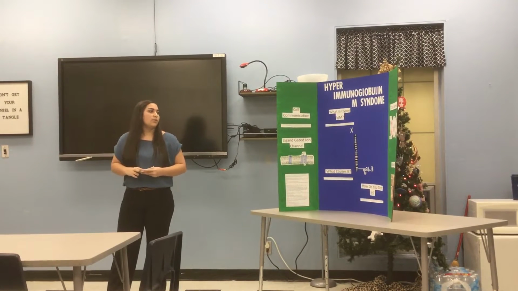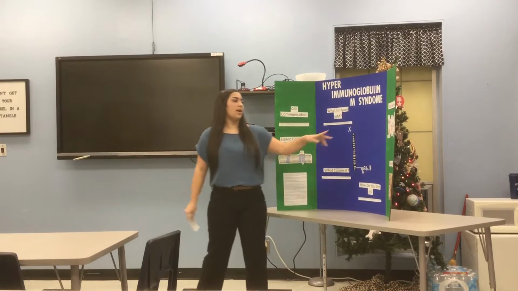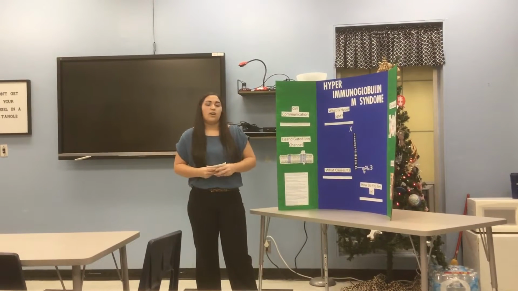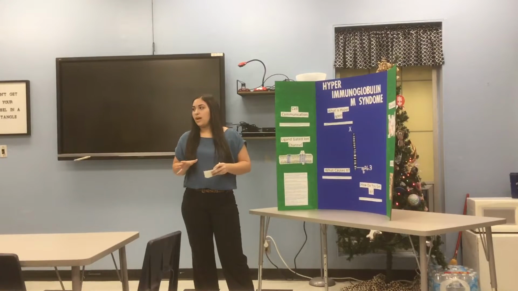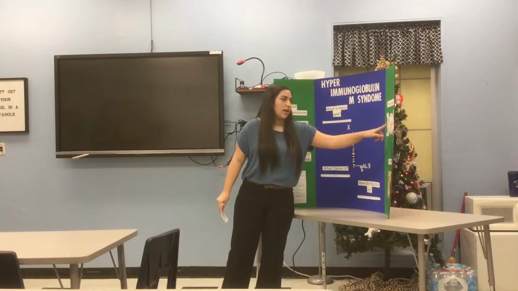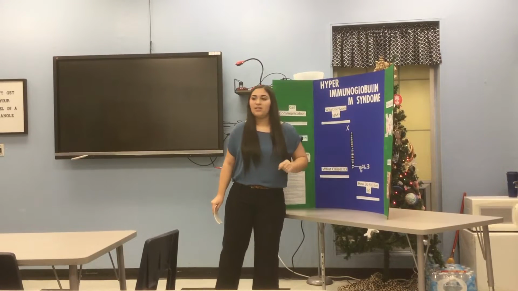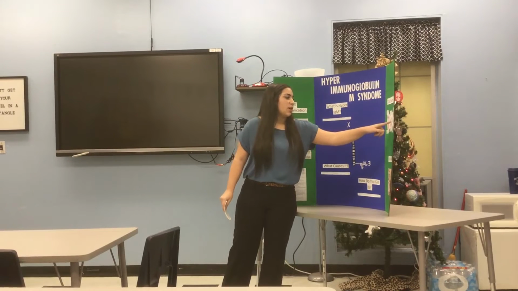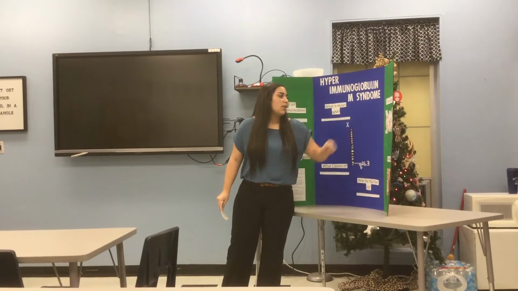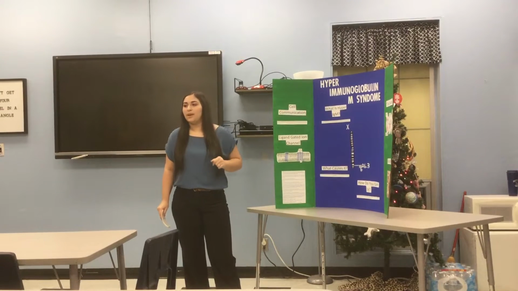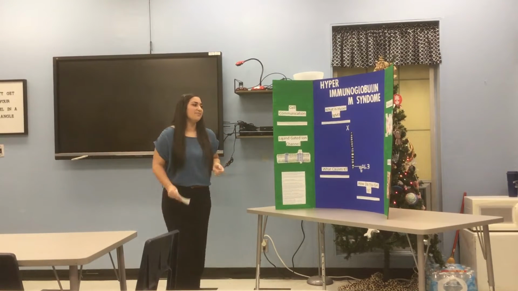And with cell communication for hyper-IgM, we have a process called class switching. In individuals that don't have hyper-IgM, our T cells make a protein called the CD40 ligand, which fits into a receptor on our B cells. And our B cells are located in our bone marrow, they're blood cells.